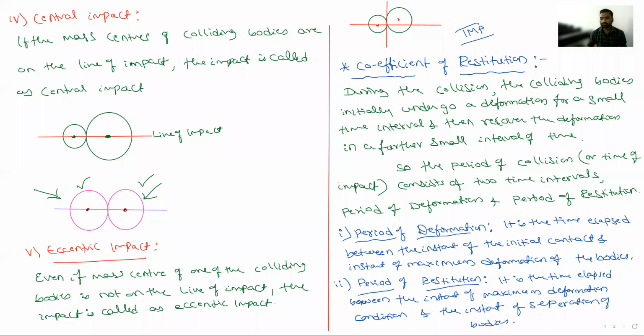So when the two bodies come in contact, from the contact to the maximum deformation, that period is called the period of deformation. Again, after the maximum deformation they get separated. The time taken between the maximum deformation and the separation is called the time or period of restitution.